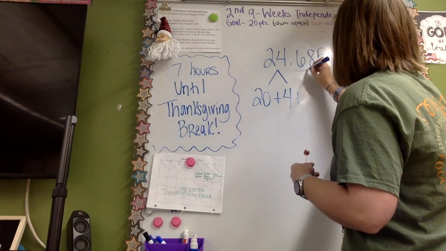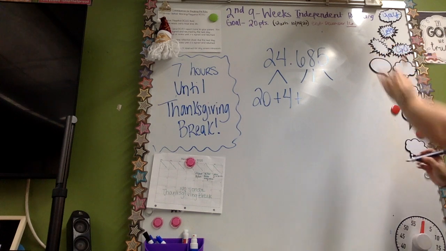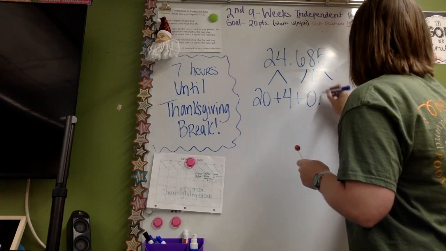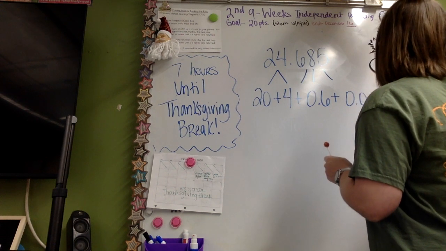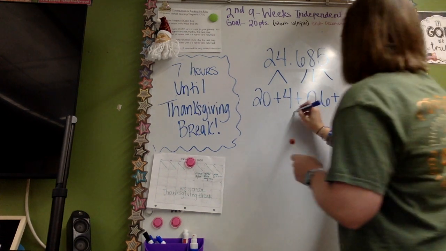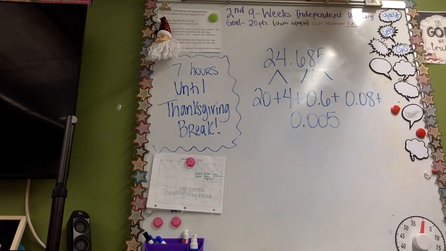Plus, then I have to break down my decimal. So my 6 is 0.6. My 8, 0.08. And my 5, 0.005. So that's 2 ways.